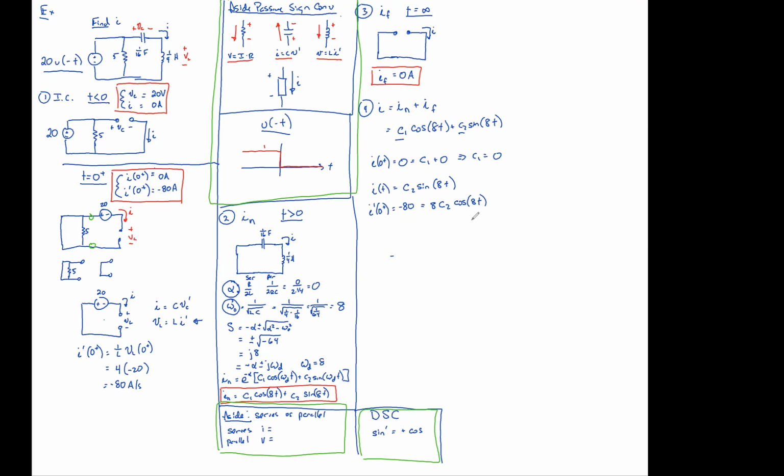And so at 0, that becomes minus 80 equals 8 C2. So therefore, C2 equals minus 10. And now we've got our whole solution. I is equal to minus 10 sine of 8t amps.